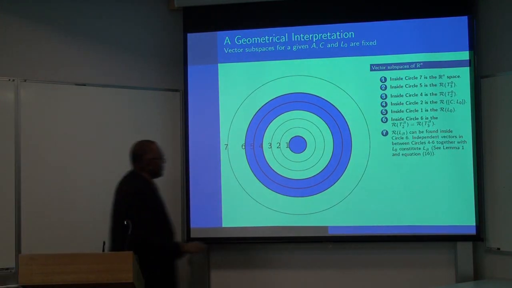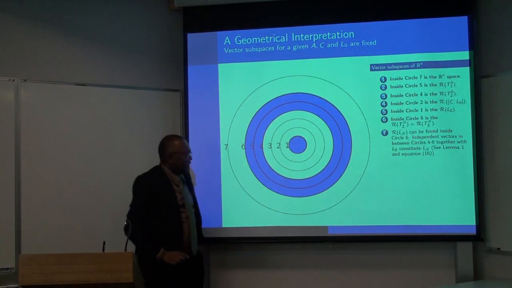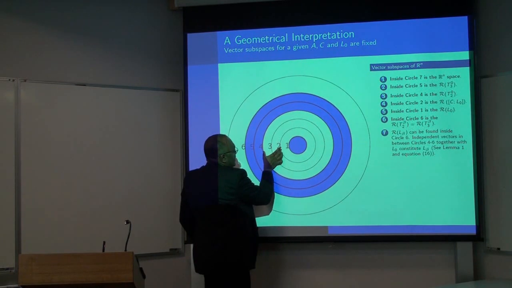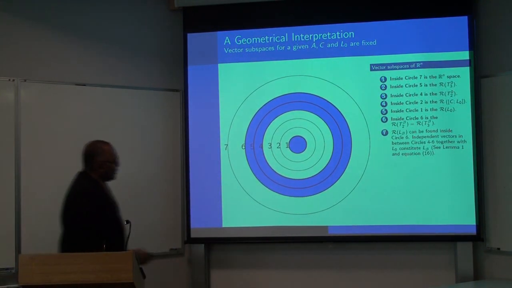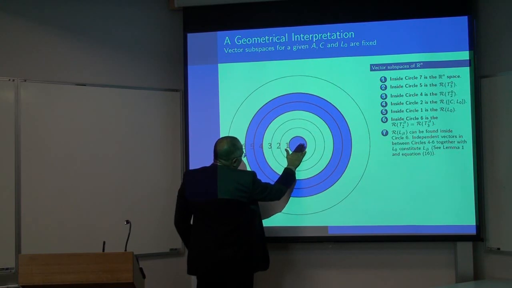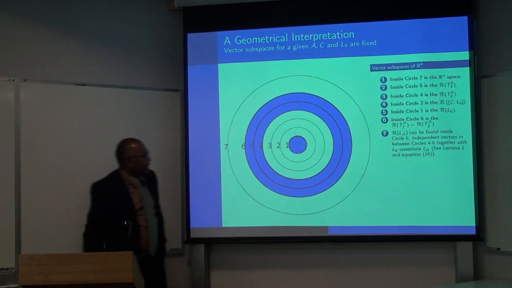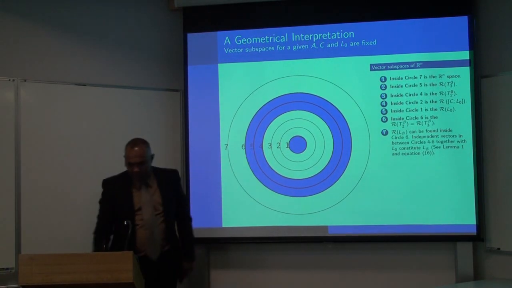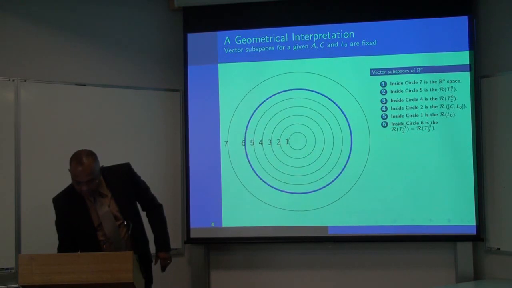Rows of CA. Because remember inside 4 was T2, and T2 is CA, C, and L. Right? So between 2 and 4 is CA. So what is L beta? L beta is everything we can find here and everything we can find here. Basis vectors you can find between 4 and 6. But I still haven't told you how to find it. Okay, I think we'll look at how to find it.